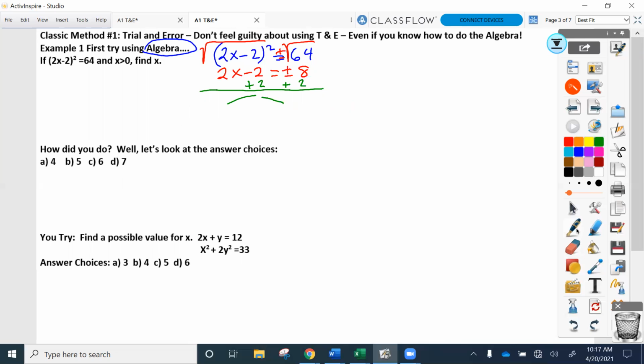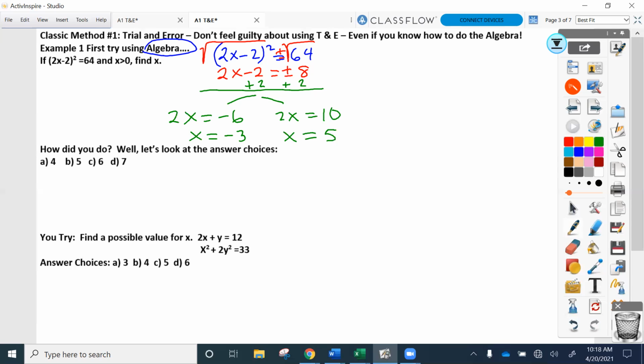Okay, so you would end up getting 2x equals negative 8 plus 2, which is negative 6. And then you would get 2x is equal to positive 8 plus 2, which equals 10. And you just solve that. So you get x is equal to negative 3 or x is equal to 5.